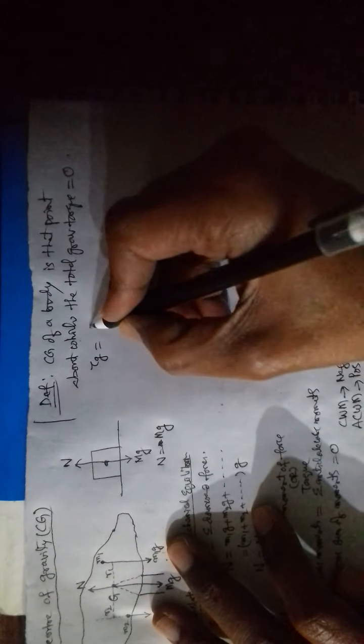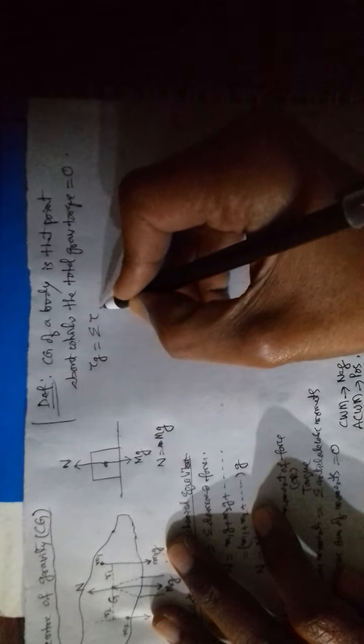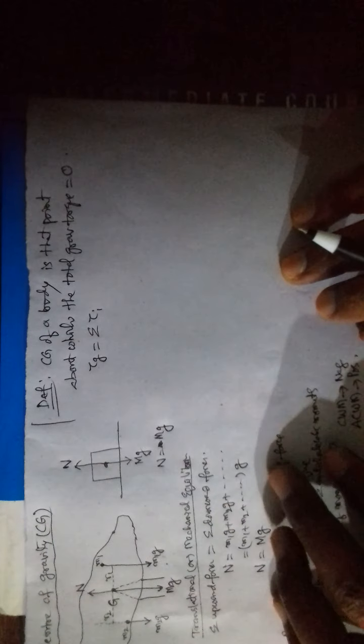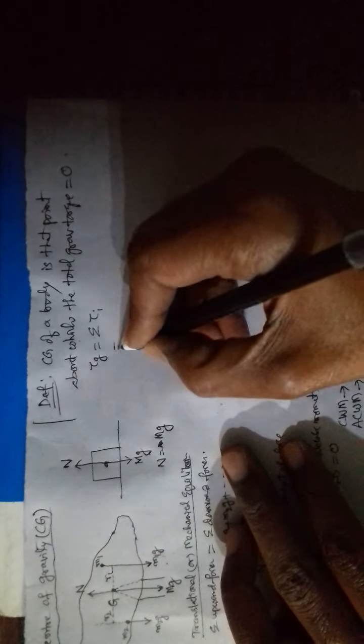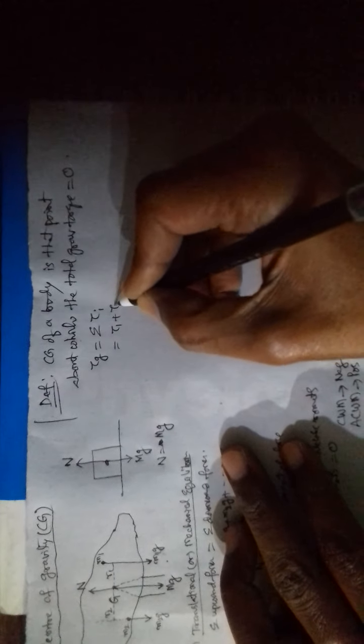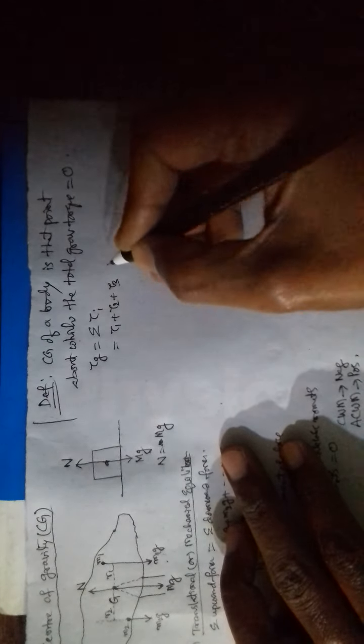That is, total gravitational torque means summation of torques on all particles, that is tau 1 plus tau 2 plus tau 3, and so on.